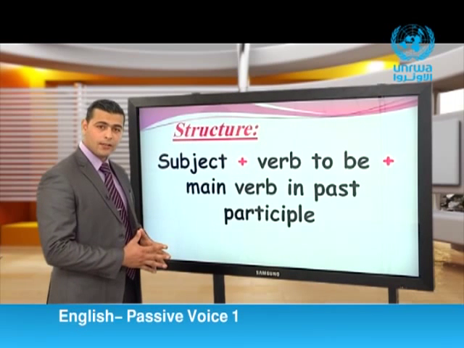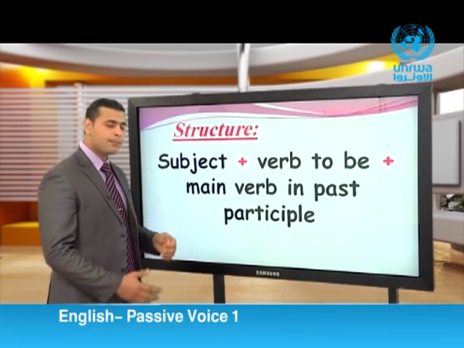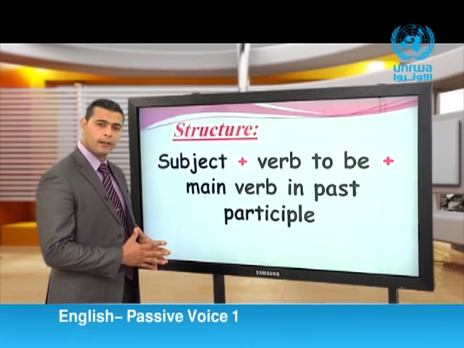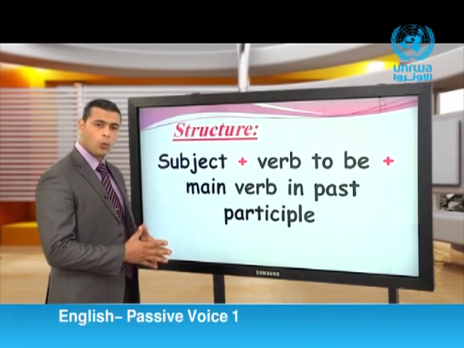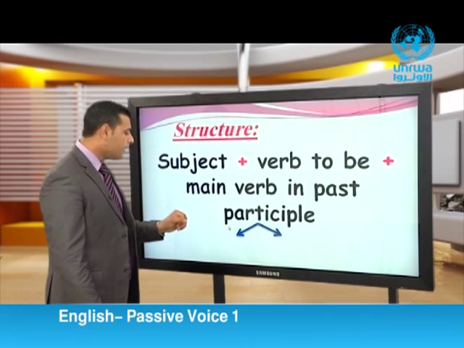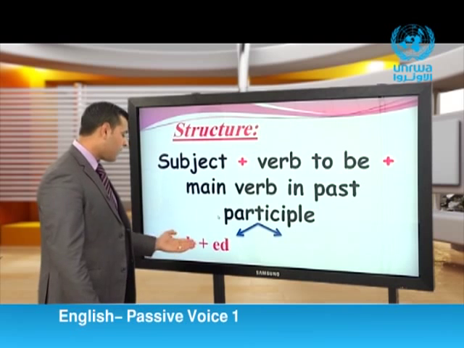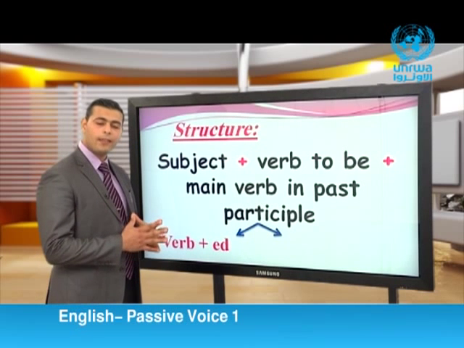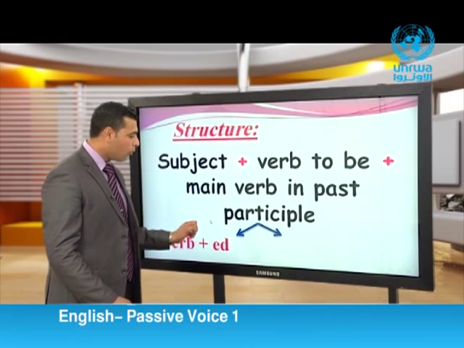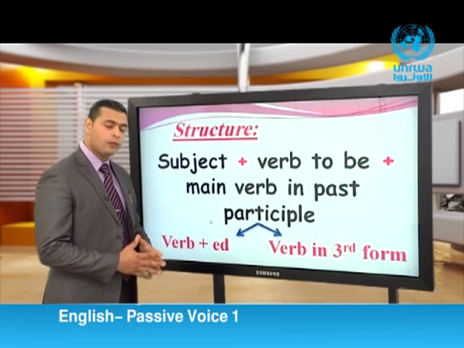Now dear students, here we have the past participle. Let's see how we form it. The past participle can be either verb plus ed, or verb in the third form.